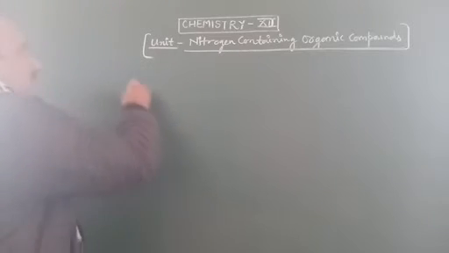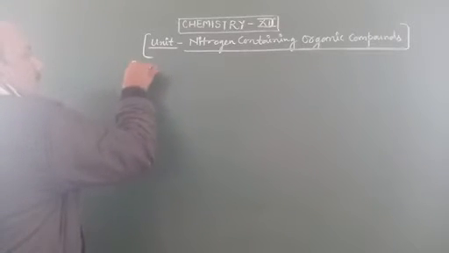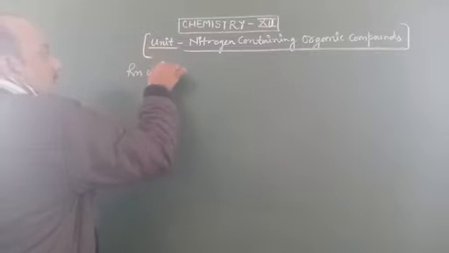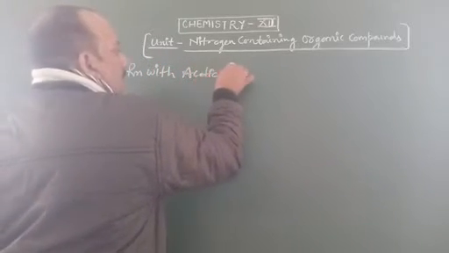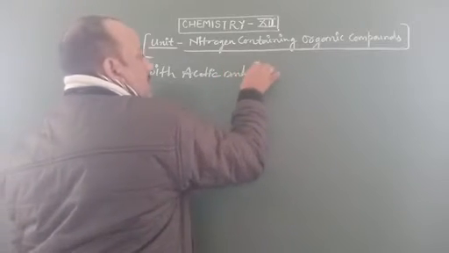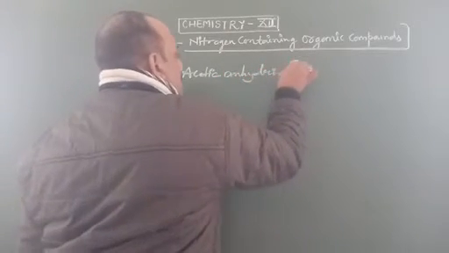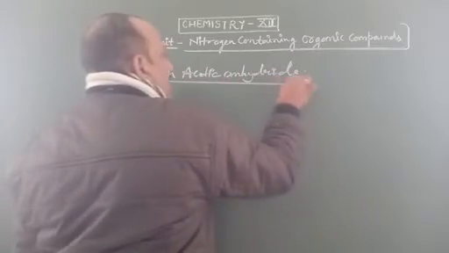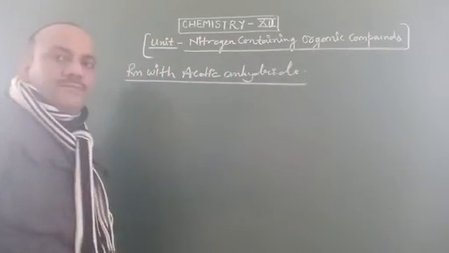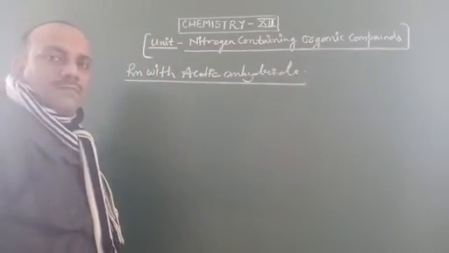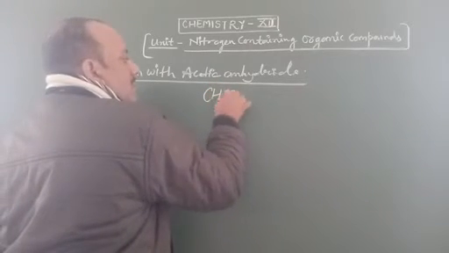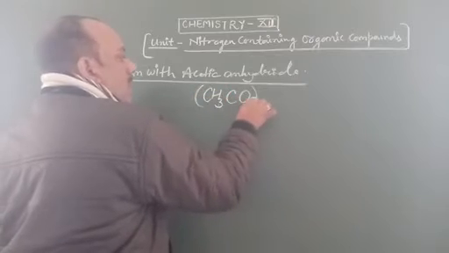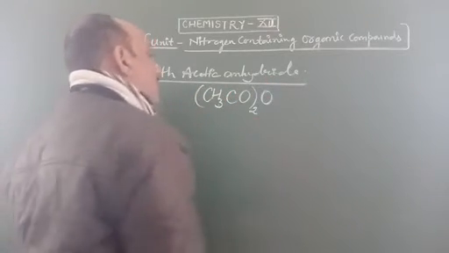Now next reaction, with acetic anhydride. Its formula is (CH3CO)2O.